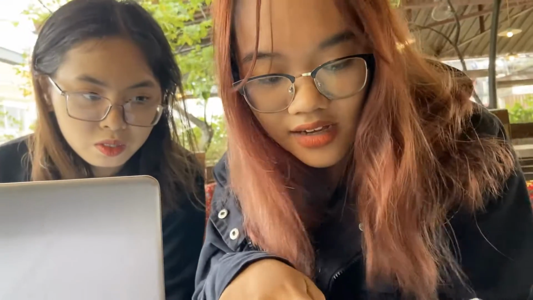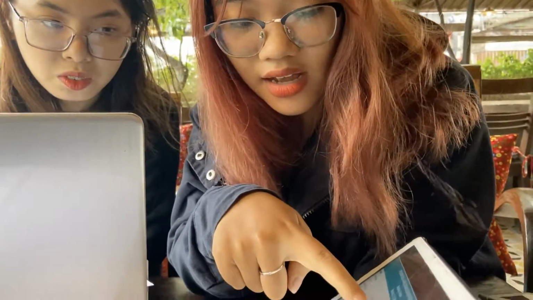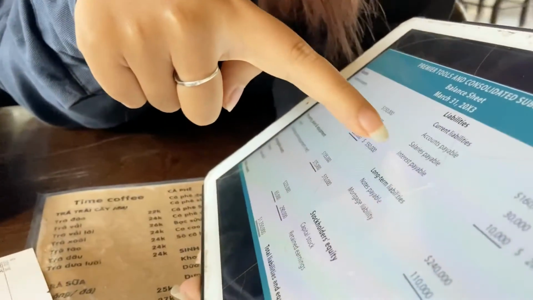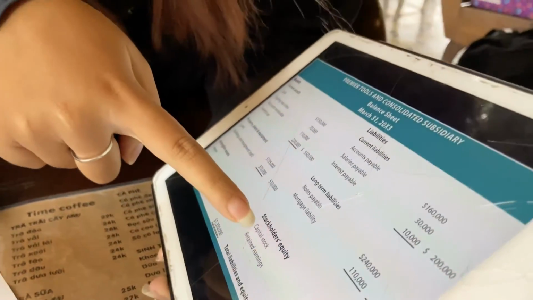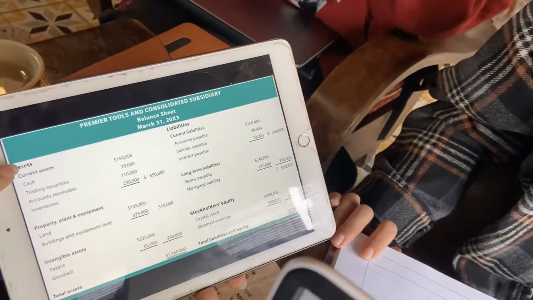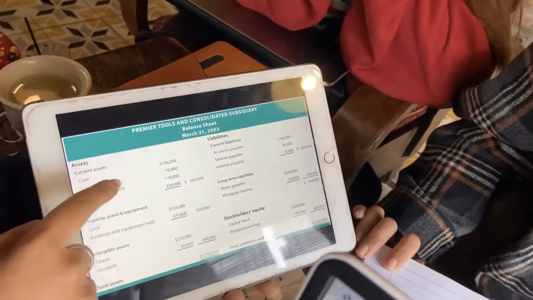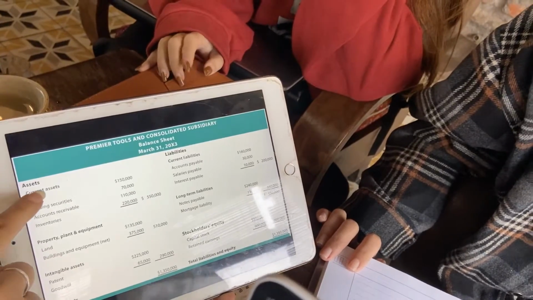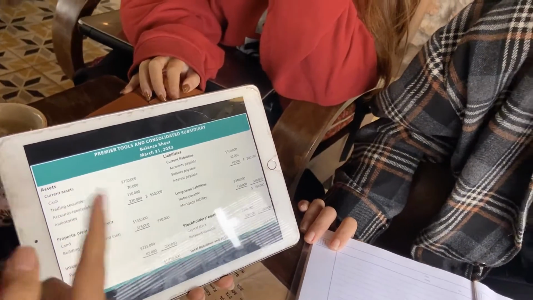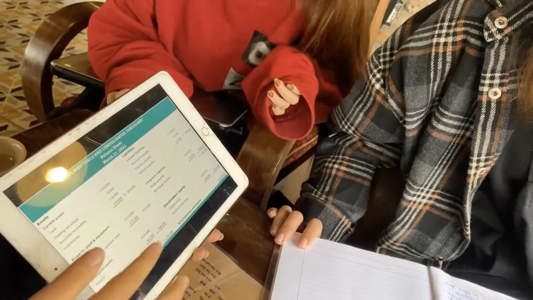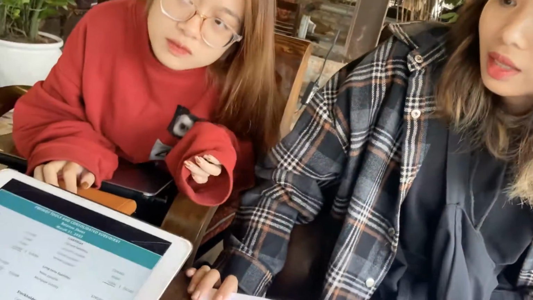Yes, and you can see that accounts payable and capital stock appear in the liabilities, and the current assets are also called short-term assets. So this is an example of the balance sheet.